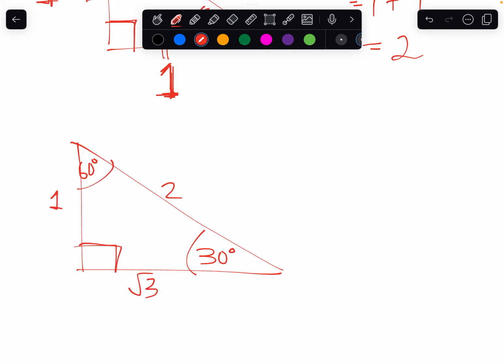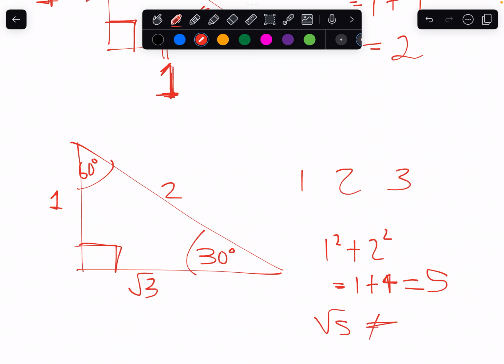Okay, and how do I remember that? Well, I just remember that there is a 1, 2, 3 in the triangle, and I mean it can't be 1 squared plus 2 squared, right? Because that's going to give me 1 plus 4, which is 5, and the square root of 5 is not 3, right?